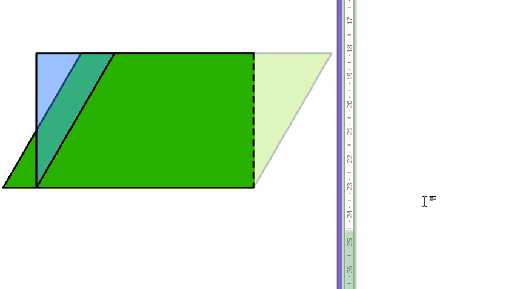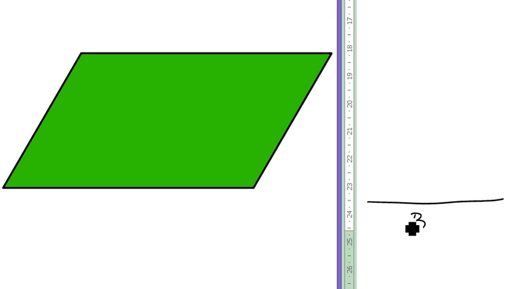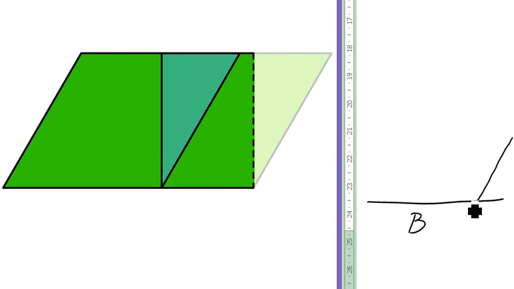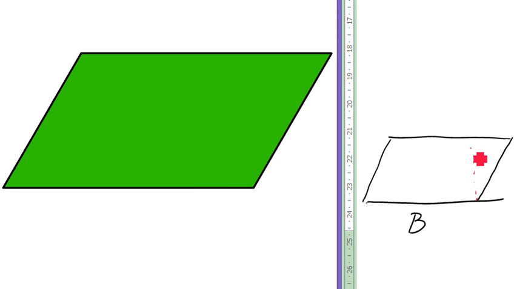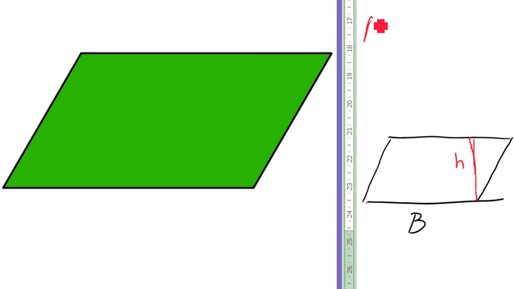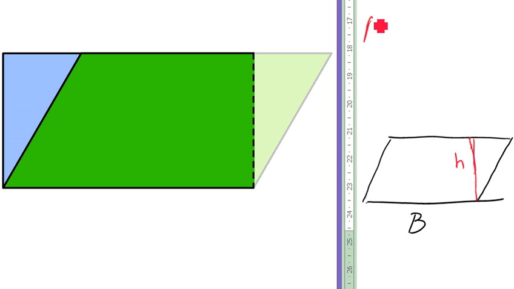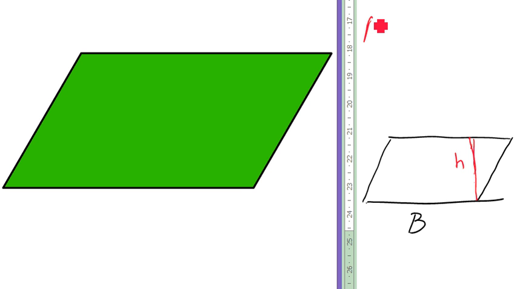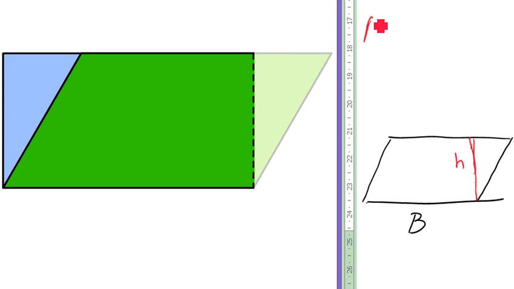So if I consider this as my base, and I consider this side as my height, again the area of the parallelogram is base times height, as it was in our rectangle, because at the end of the day this becomes a rectangle.